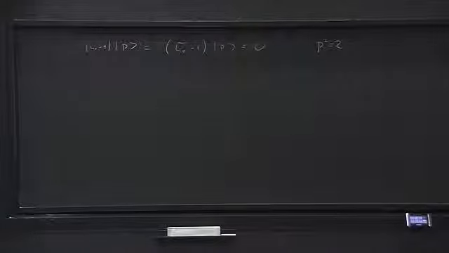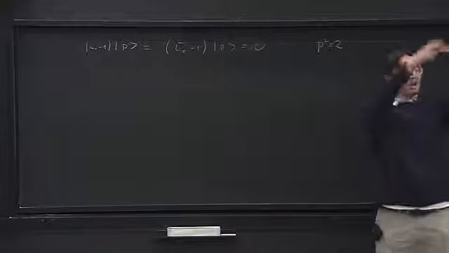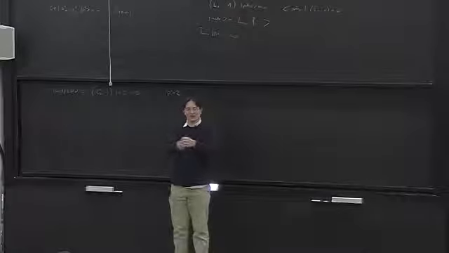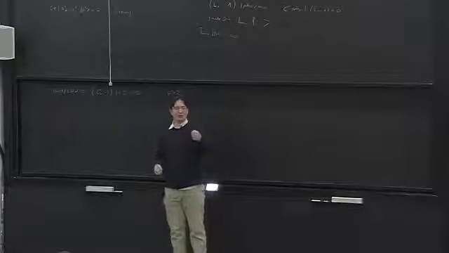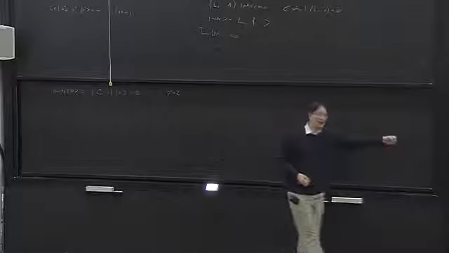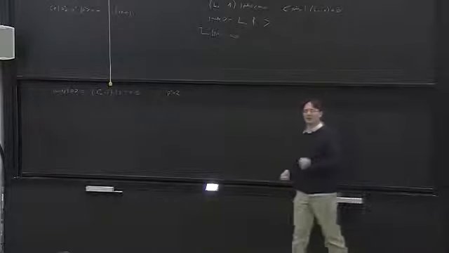So what does it mean? This means that I'm taking my string, propagating in space-time. I'm not exciting any vibrations of this string, just moving as a featureless blob, with the center of mass moving with some momentum p.